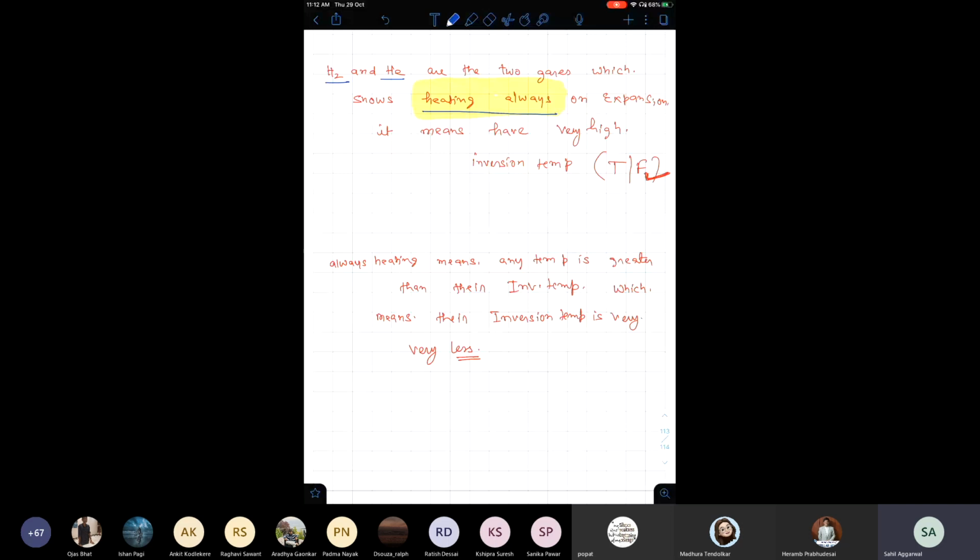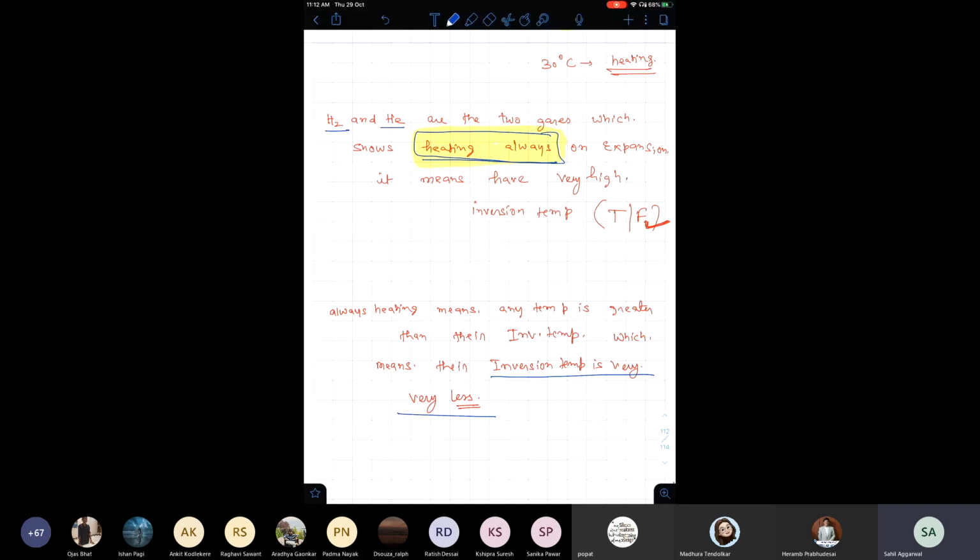And we are experiencing heating always. That means any temperature is greater than their inversion temperature, that means they must be having very low inversion temperature. Yes, sir. तो कोई भी टेम्परेचर उससे ज्यादा हो रहा है. That is why it is very very less. और यहाँ लिखा है very very high, इसलिए false. Yeah, got it, sir. Thank you, sir.